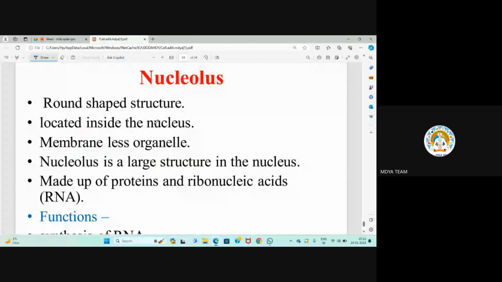Now, nucleolus. If you remember, what is nucleolus? We discussed a bit yesterday. It is the nucleolus of the nucleus. Yeah, obviously. What do you understand by nucleolus? Another part of the nucleus.